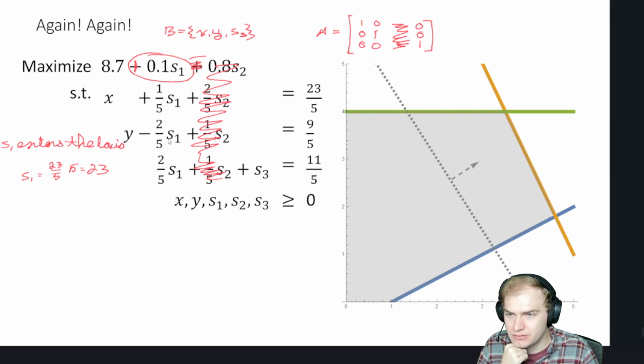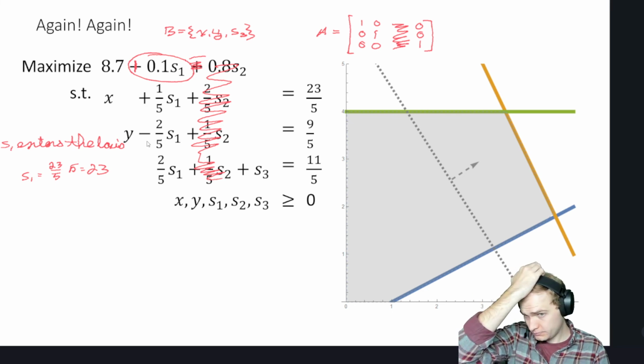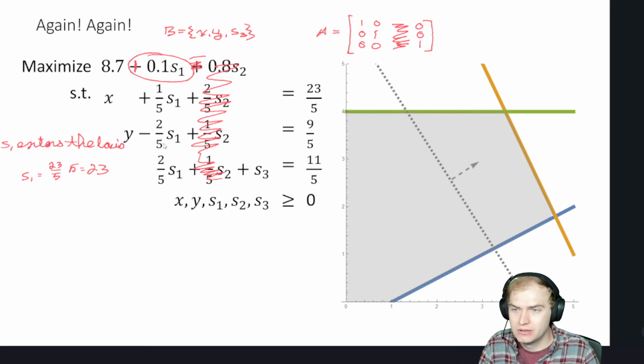Increasing S1 increases y, so we can do that indefinitely without putting y in the negative, so we don't care about the second constraint. It doesn't impose any sort of cap on S1.